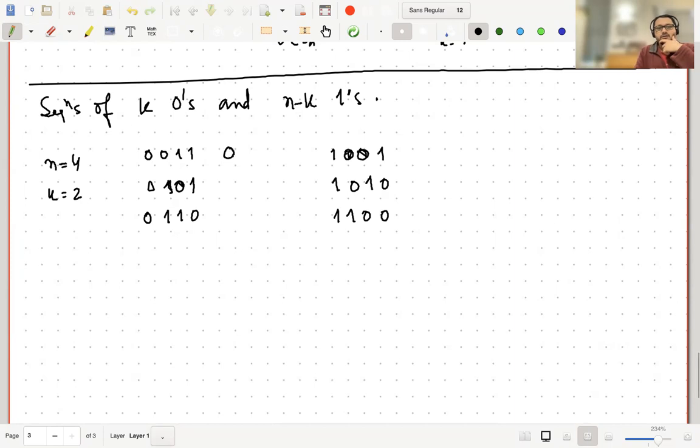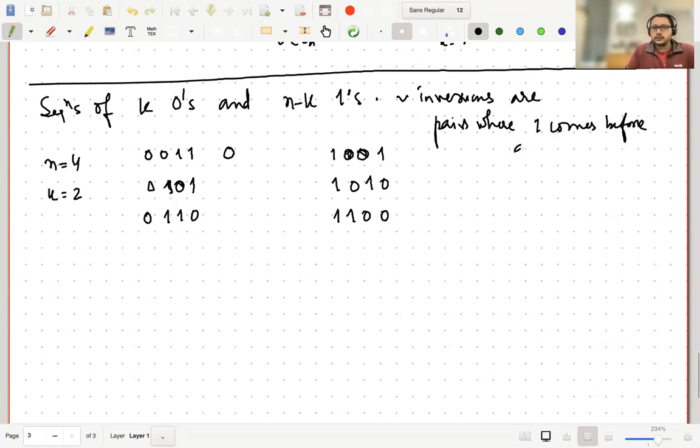So, inversions are now pairs where 1 comes before a 0. This is our sequence, this is the number of inversions, and again we'll have q raised to the power of the inversions. For 0 0 1 1 this is just 1.